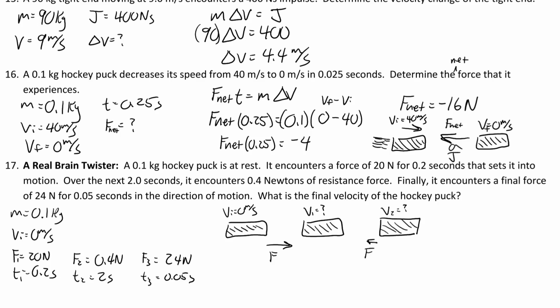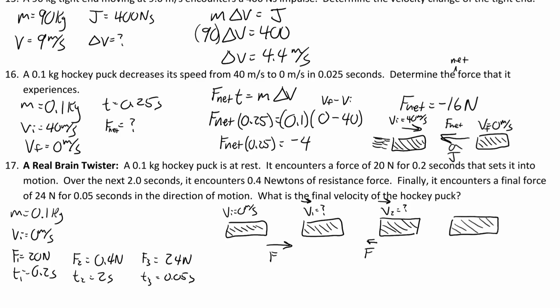Now it says it finally encounters a final force of 24 newtons for 0.05 seconds in the direction of its motion. So I'm going to assume that it's still going to the right. All this time it's going to the right, and it might not be. That's a dangerous assumption, so I'm going to double check.